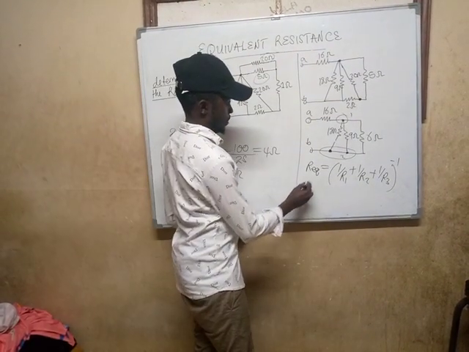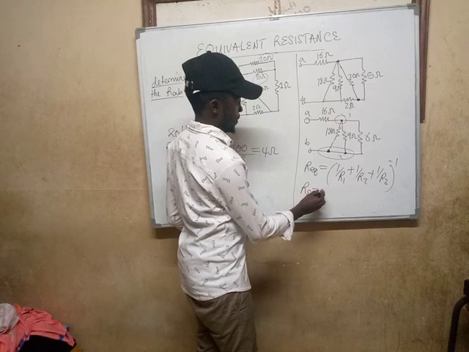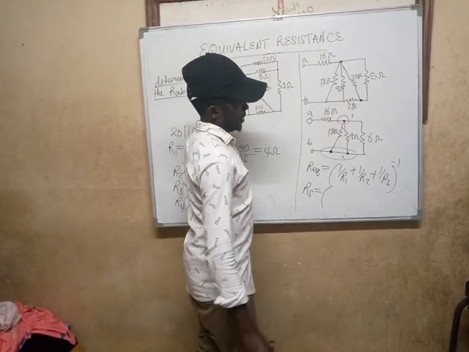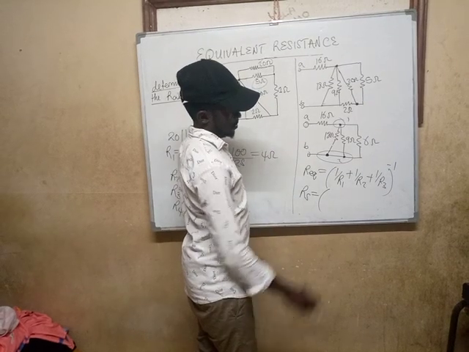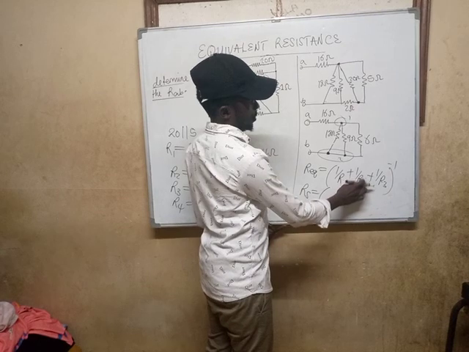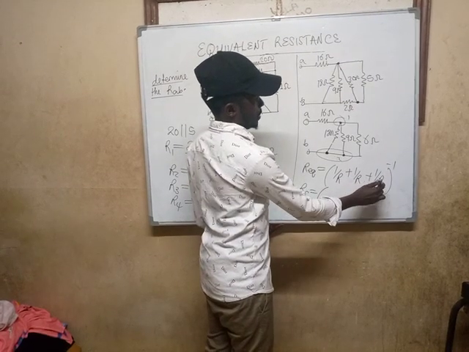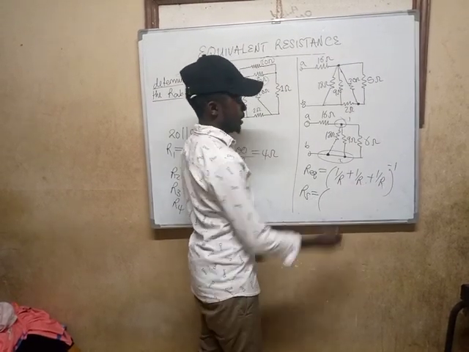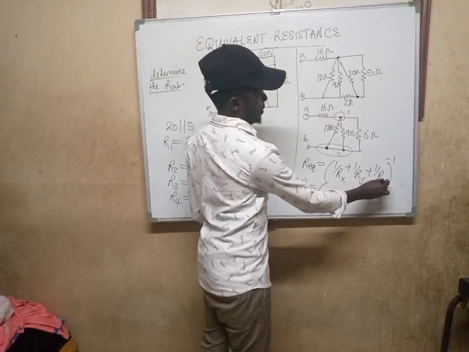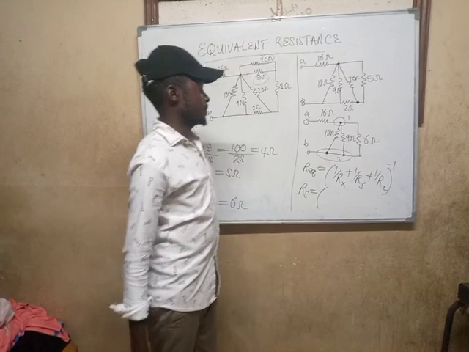So I'm going to say R5 is equal to, to make a difference, let me use letters, because I have used numbers earlier. I can say Rx, Y, then Z. It's one and the same thing.